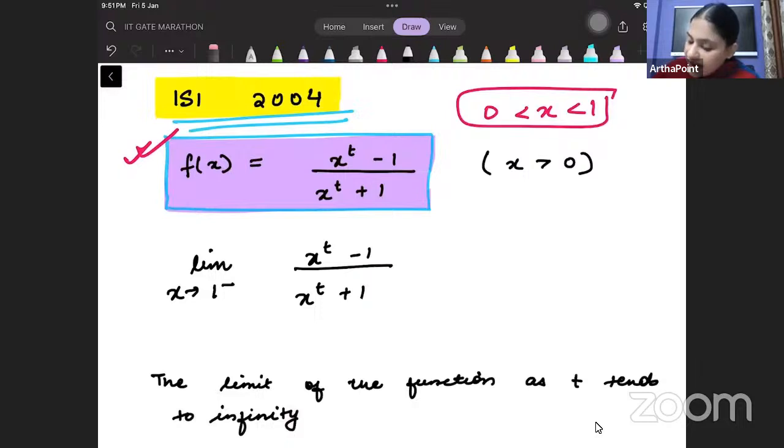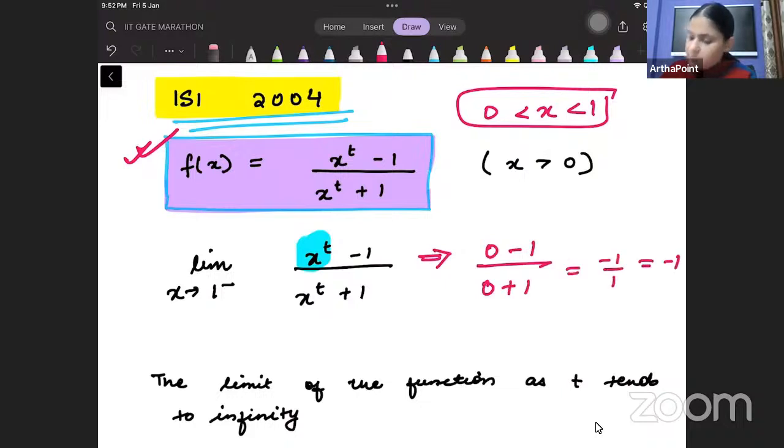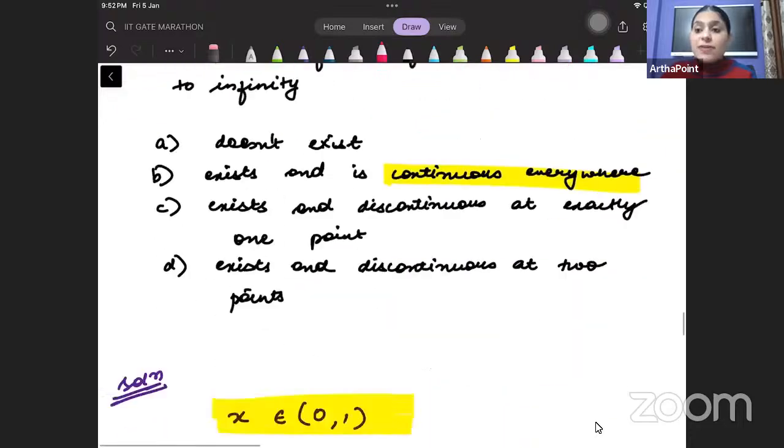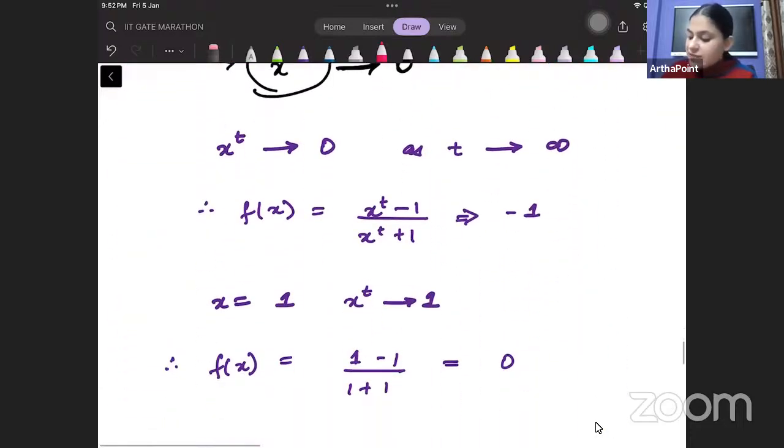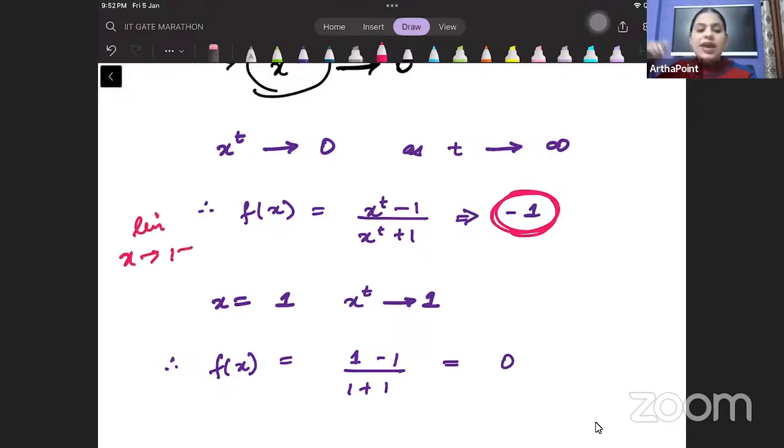I notice that this value is falling, falling, falling, and it is going towards 0. So it will become 0 minus 1 upon 0 plus 1. That means minus 1 by 1. That means minus 1. So my function takes the value minus 1 if I am approaching 1 from any value less than 1.